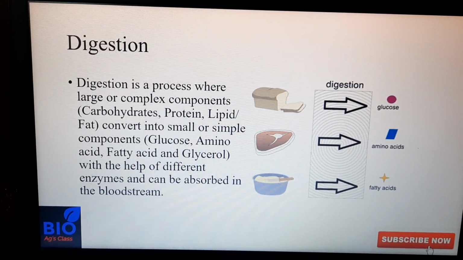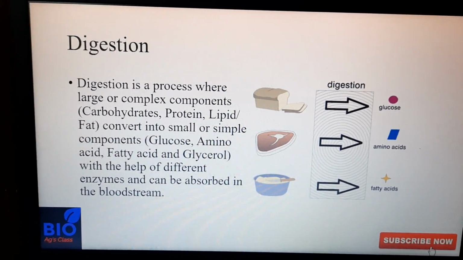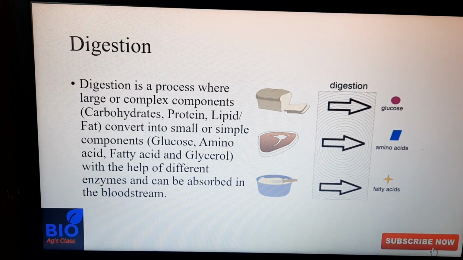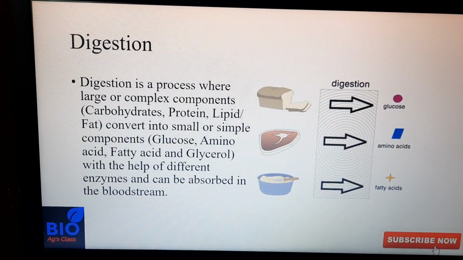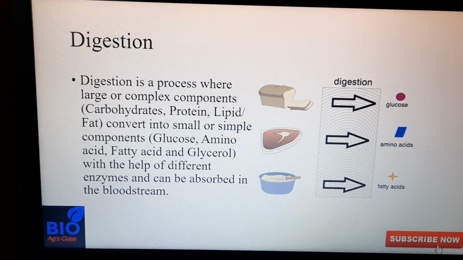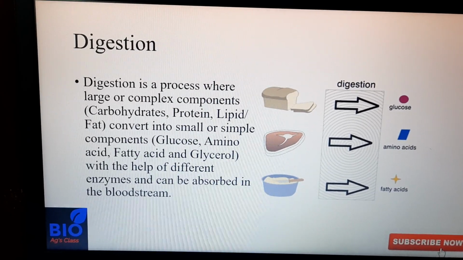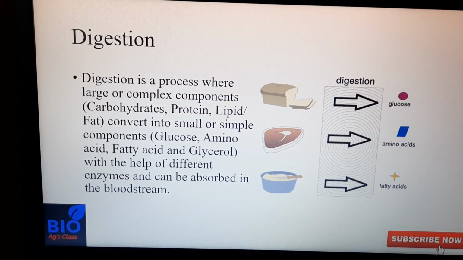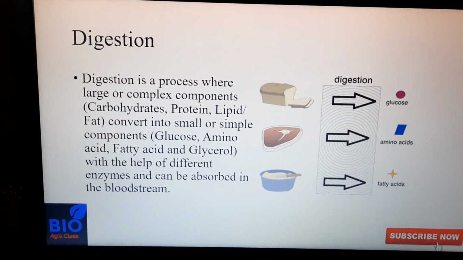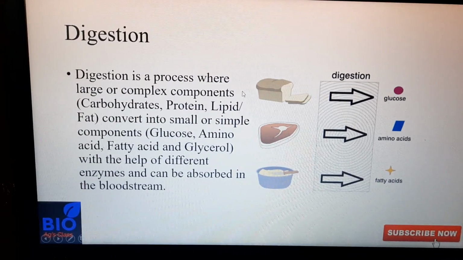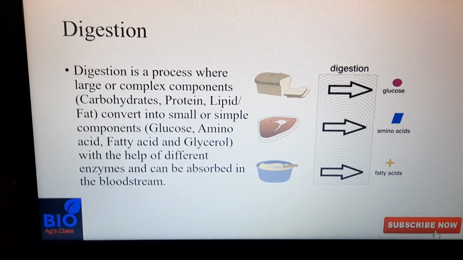If I go to an explanation, digestion means we actually eat different kinds of food: breads, fish, mutton, oil, butter, cheese, milk, different kinds of food we usually eat in our everyday life. And when we eat this food, it can't be digested in these forms.